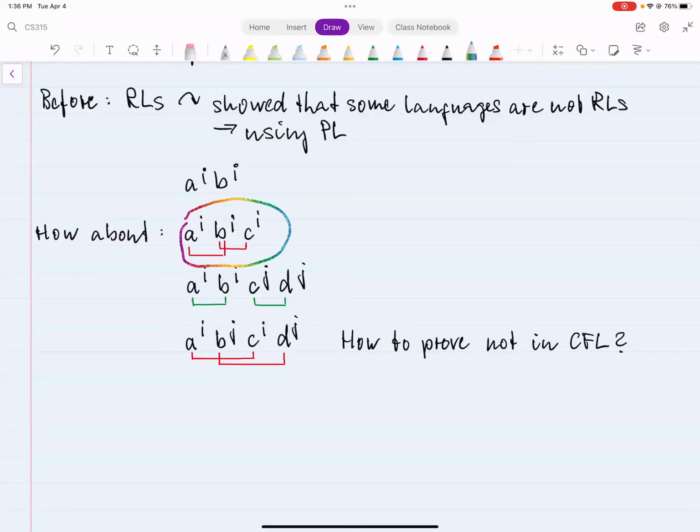Let's assume that we have a match. So the number of a's is the same as the b's. The stack is empty. Now what? The knowledge has been lost to check for the c to the i, whether the i is the same as the number of a's and b's before. So that knowledge has gone.